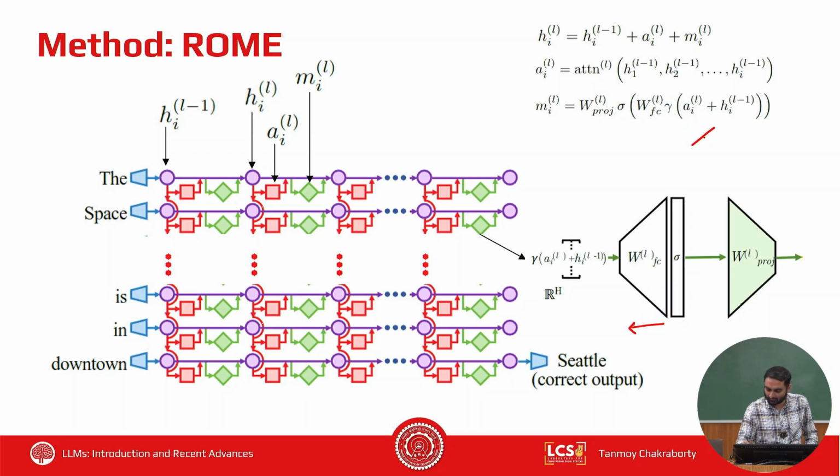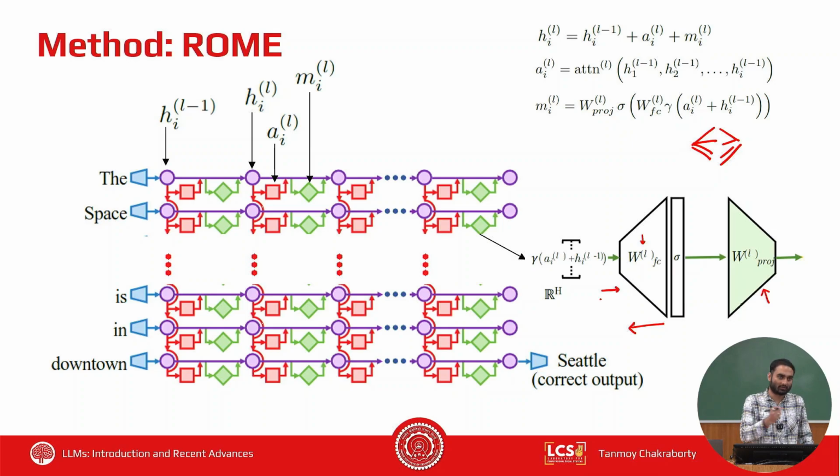So fan out, then fan in. This is the up projection. Up projection is parameterized by W_FC^L, and down projection is parameterized by W_project. And what are the things happening here? Tell me.